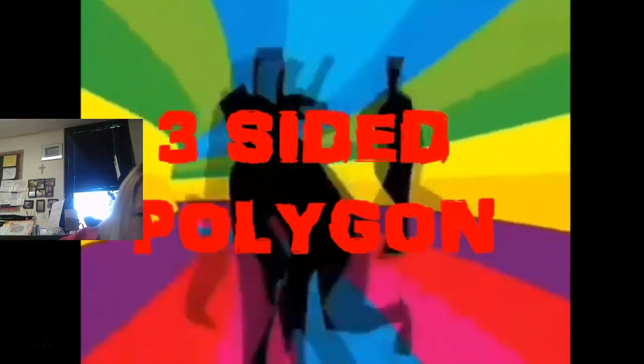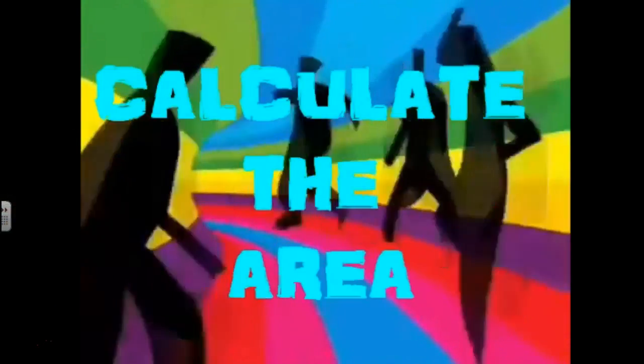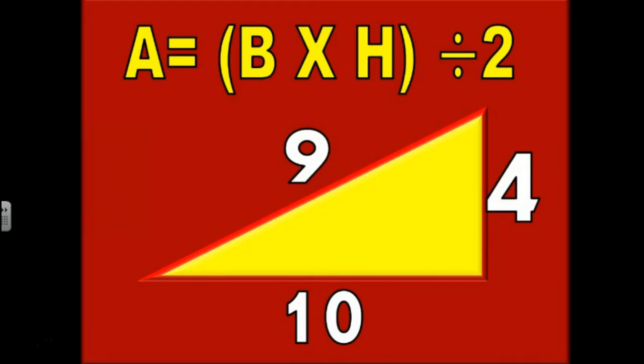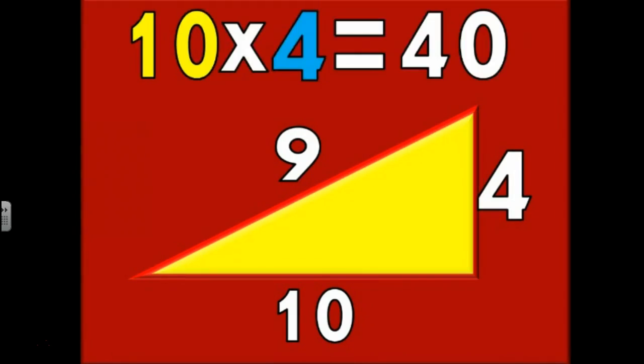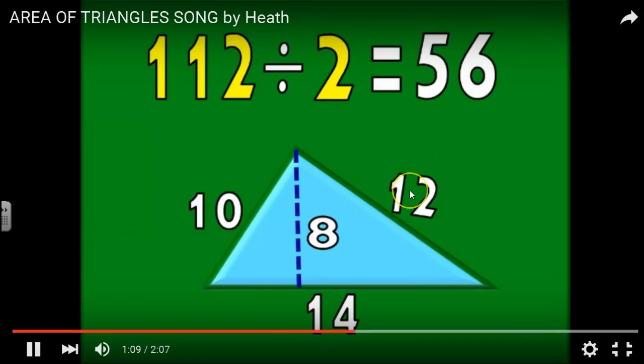Listen up, calculate the area, it's really simple. Hard part is just picking up the pencil. Multiply the base and the height, divide it by two.